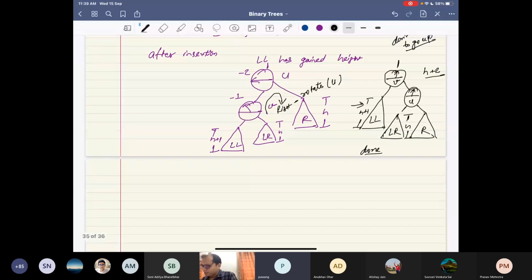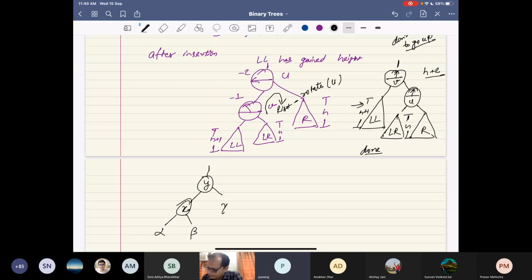So in the right rotation, in general, what am I doing? Let me write it in general form. Suppose I have a tree rooted at y and it has a left child x. This has some subtrees alpha and beta, and y has this gamma.